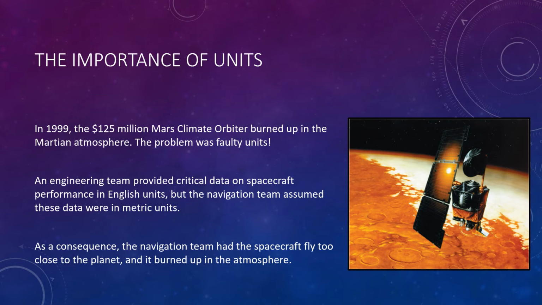An engineer team provided critical data on the spacecraft performance, and they used English units. But the nav team assumed that this data was in metric units. As a consequence, the navigation team had sent the spacecraft flying too close to the planet and it burned up in the atmosphere. And it's crazy to think about.